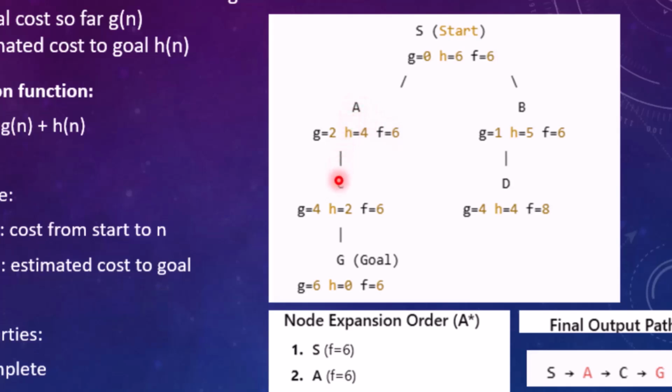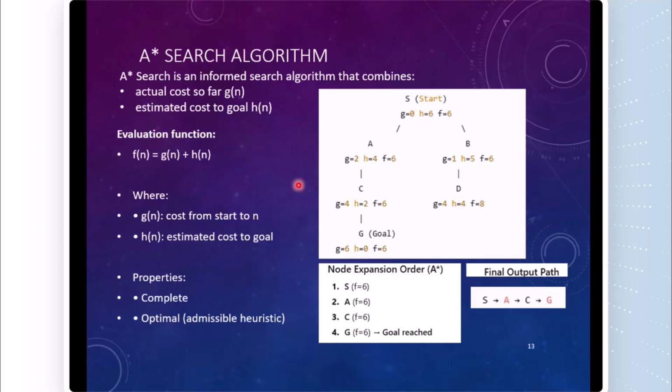A is connected to C, which is also 6, before the goal, right? So it will also try B and D, but D is not even connected to the goal, so there's no need to even go there. There's no connection, and as you can see, it's even 8. So it's not an option. So it goes through A to C and to G, which is connected to the goal. And so the order is S, A, C, G, which is very, very obvious.